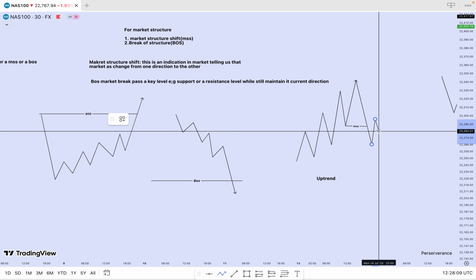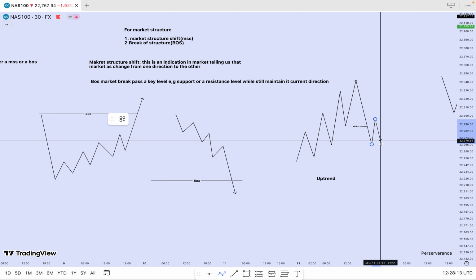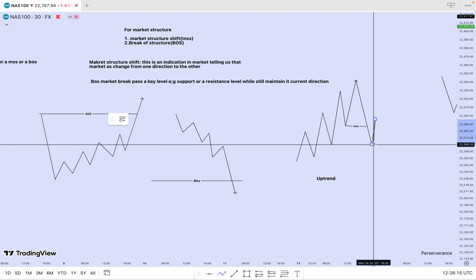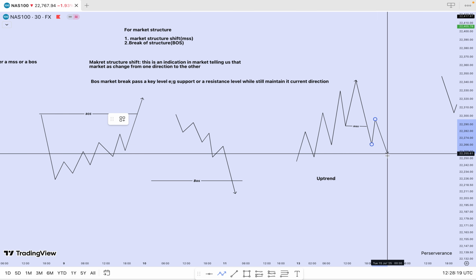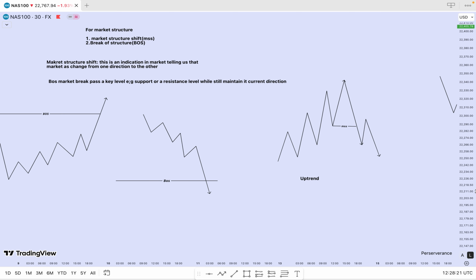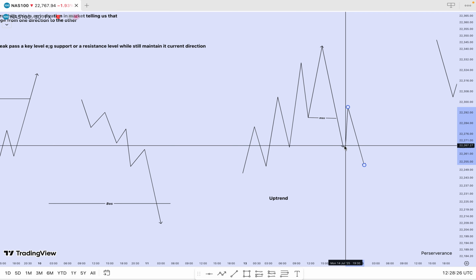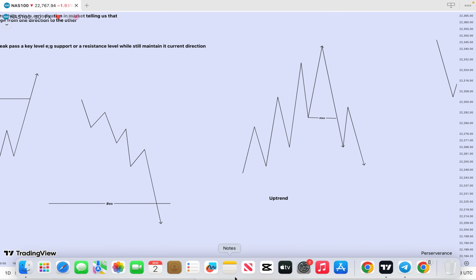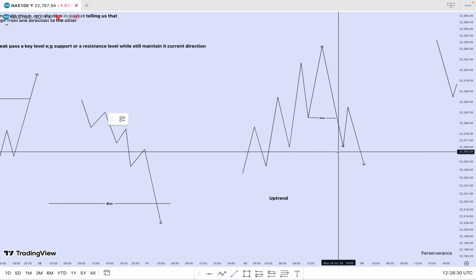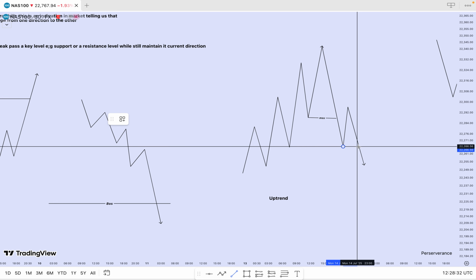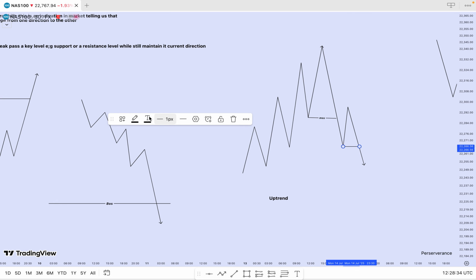You get? Now, for the inducement to be valid, the market needs to create another BOS below the previous low. In this case, this is what I mean. In order for it to be valid, the market needs to trade below this low, which means giving you a break of structure after the market structure shift.